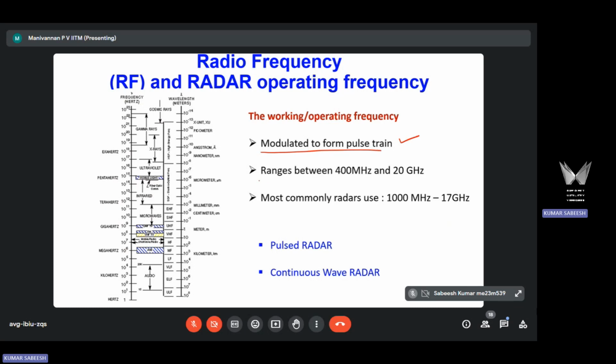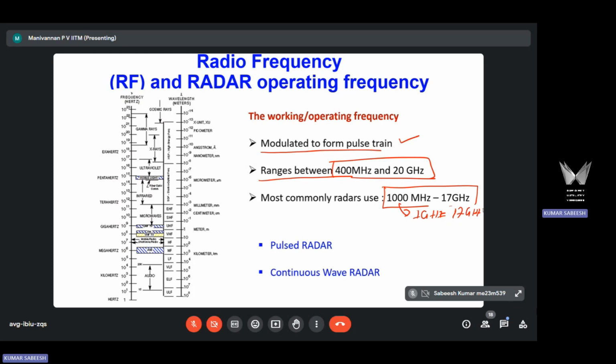Then they use the frequency range 400 megahertz to 20 gigahertz. This is the frequency of the radar, correct? They generate waveforms. Generally, they use 1 gigahertz to 17 gigahertz, especially radar used in autonomous vehicles, correct?